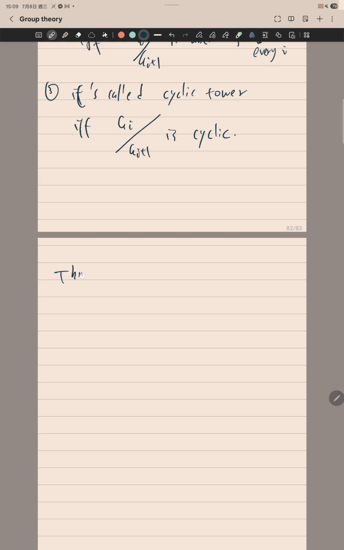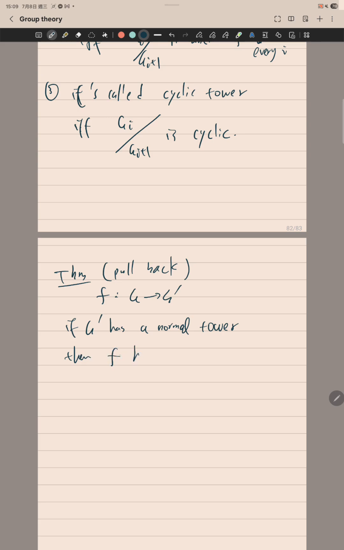Okay, so the theorem says, and maybe one can view it as a pullback: if f from G to G prime is a homomorphism, and if G prime has a normal tower, then G has another normal tower constructed from G prime.